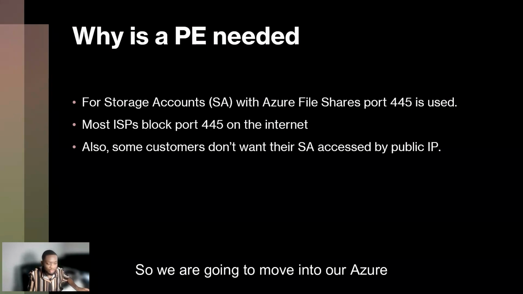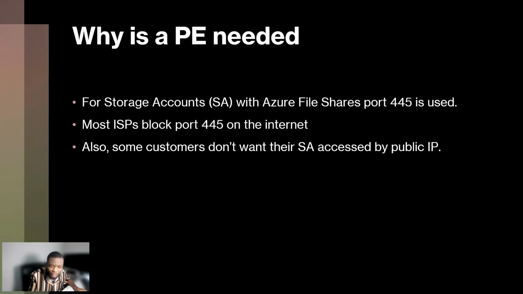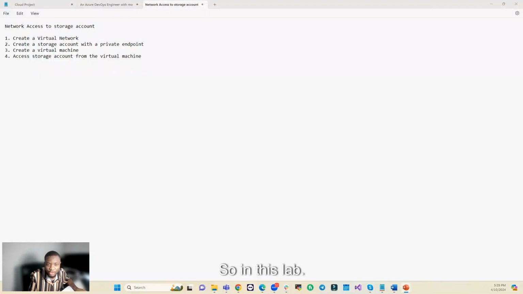So we are going to move into our Azure portal, and we are going to see how to create a private endpoint. In this lab, we are going to create a virtual network. Then we are going to create a storage account with a private endpoint.